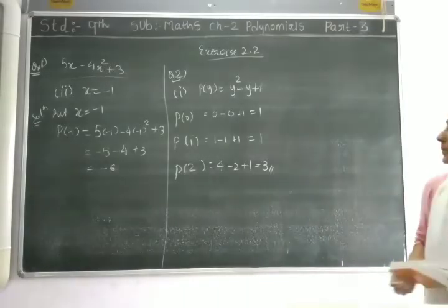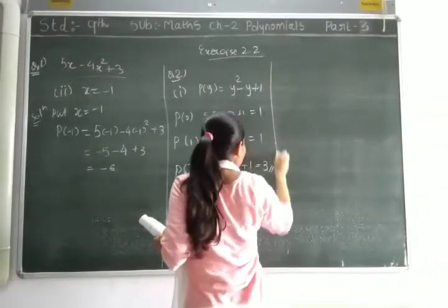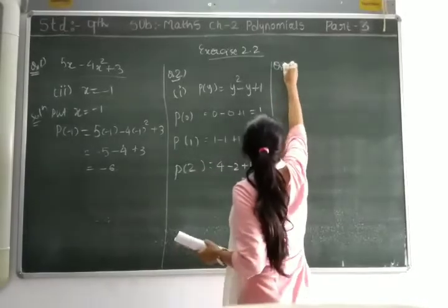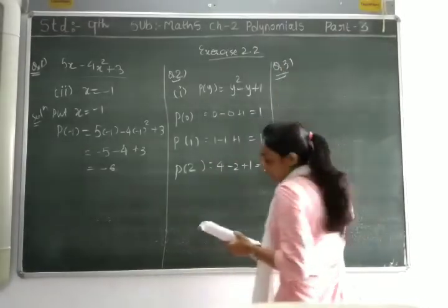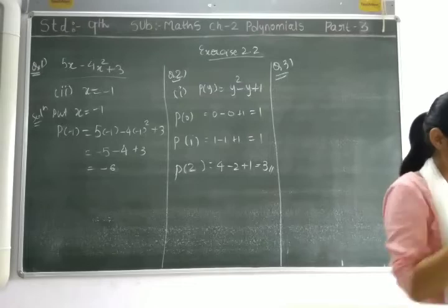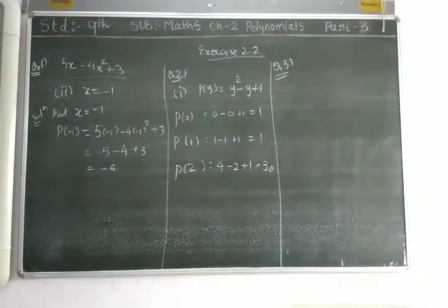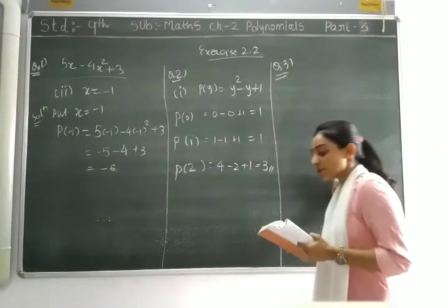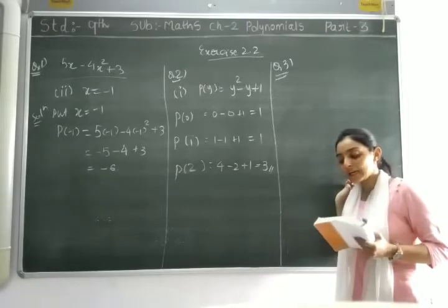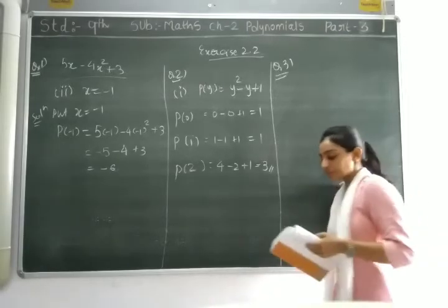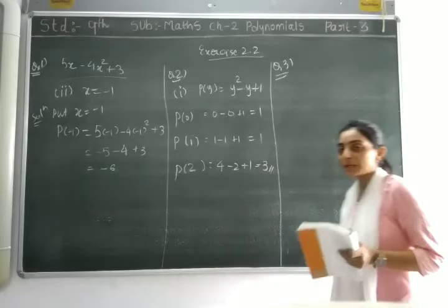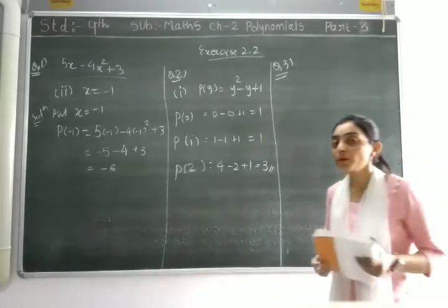Now question number 3 says verify whether the following are zeros of the polynomial indicated against them. We have to verify whether these are the zeros of the polynomial or not.